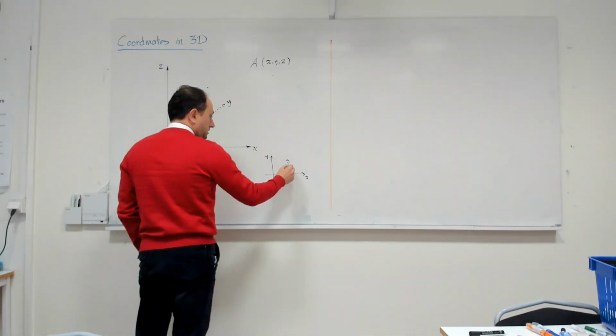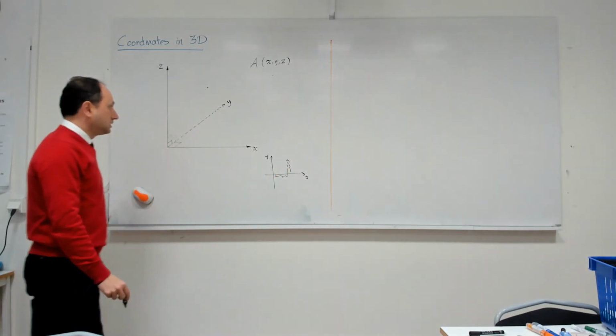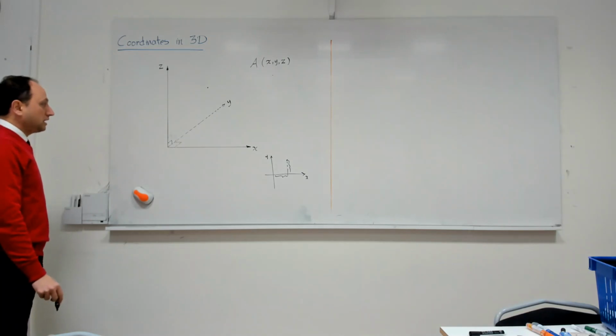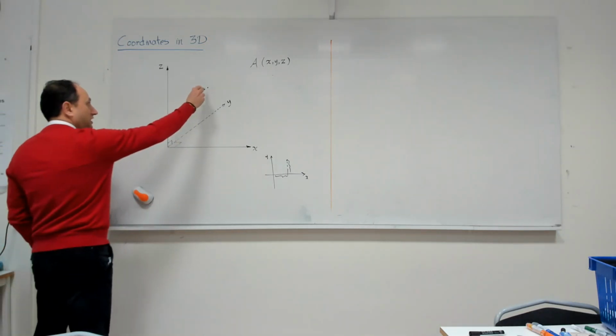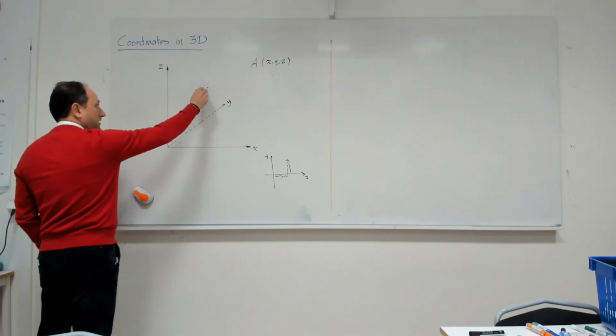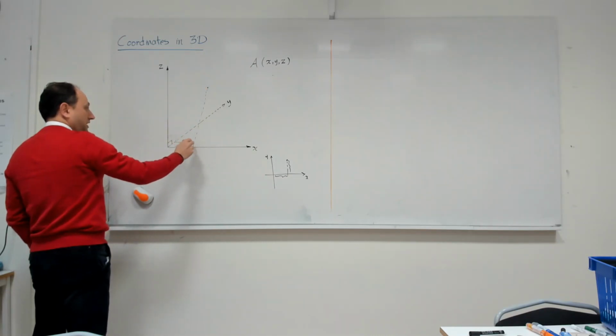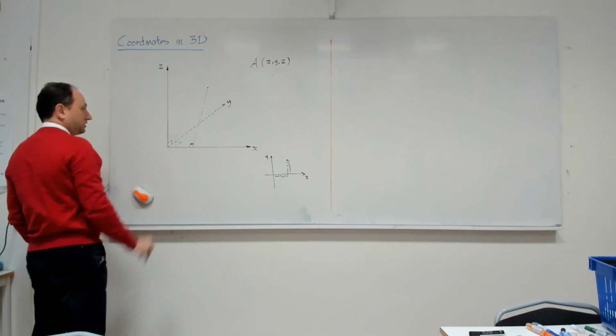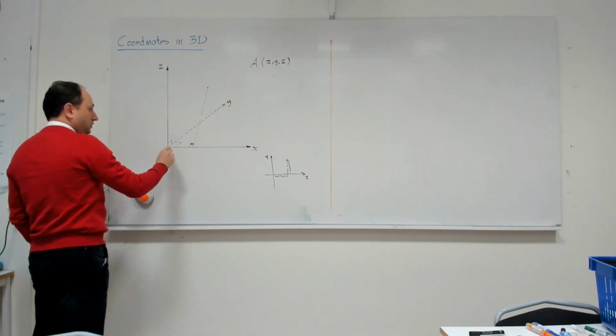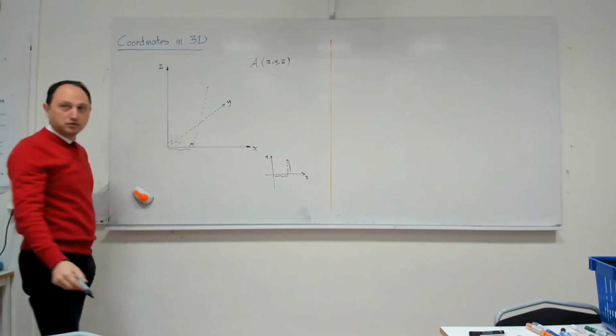And then this distance is the y-coordinate. But here, I can also do the same thing, though of course drawing the pictures is hard. I can draw a line from here perpendicular to the x-axis, but you need to visualize it in space, something like that. So if I draw that one, then this can play the role of the x-coordinate.